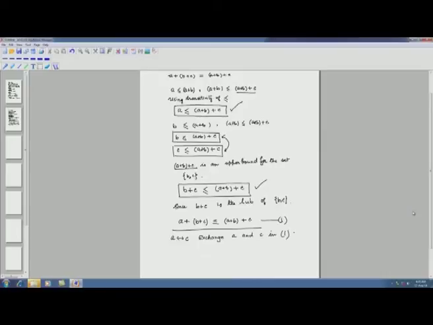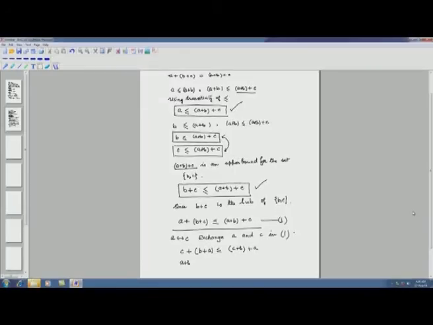If we do that, we will get C plus B plus A is less or equal to C plus B plus A. Rearranging the terms using commutativity, we need only commutativity, we will get A plus B plus C. So, I am using commutativity here, and here it is less or equal, again using commutativity, A plus B plus C. So, let us call it 2.